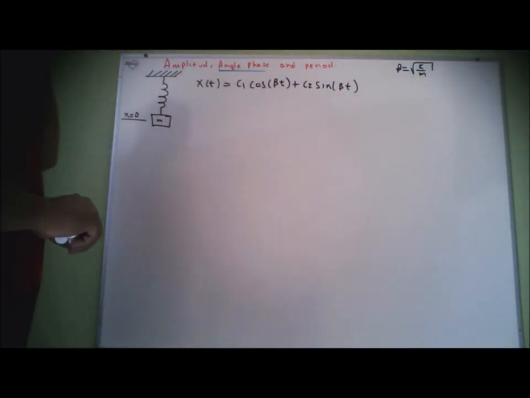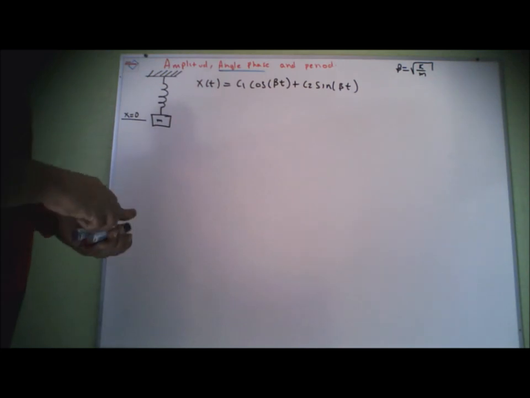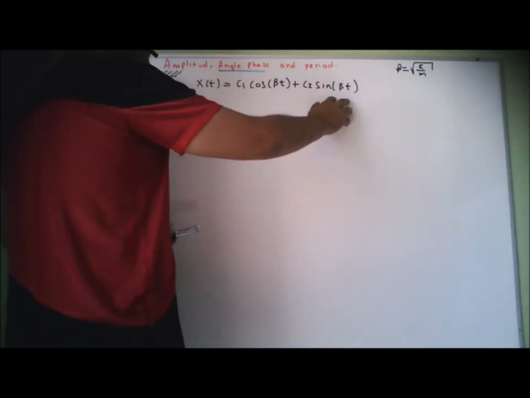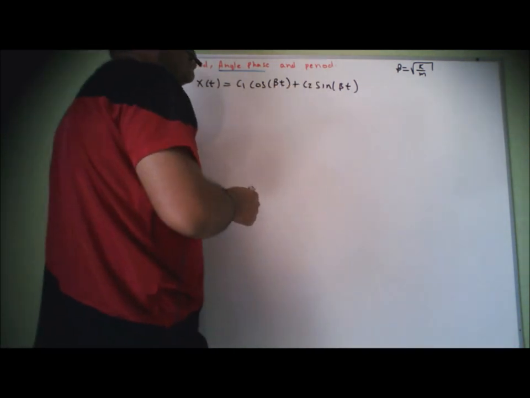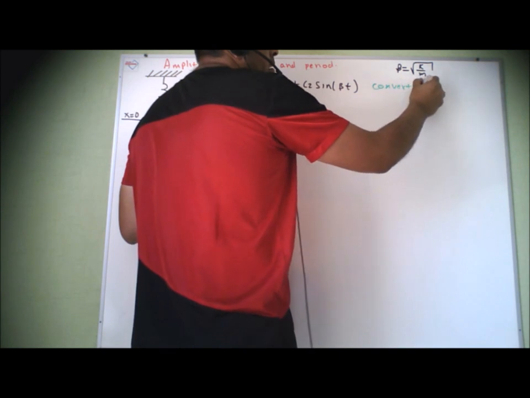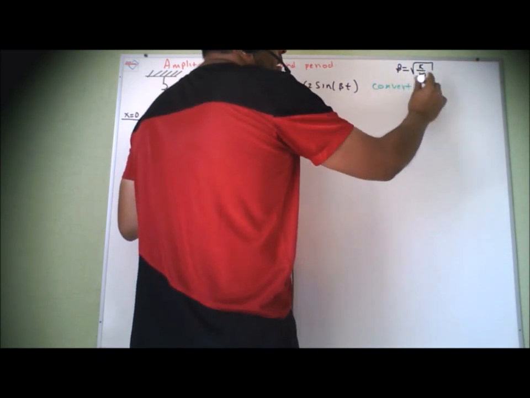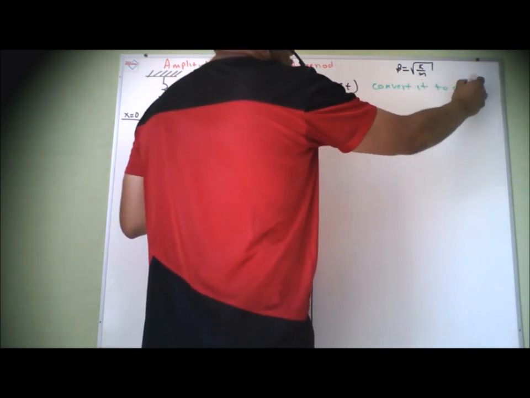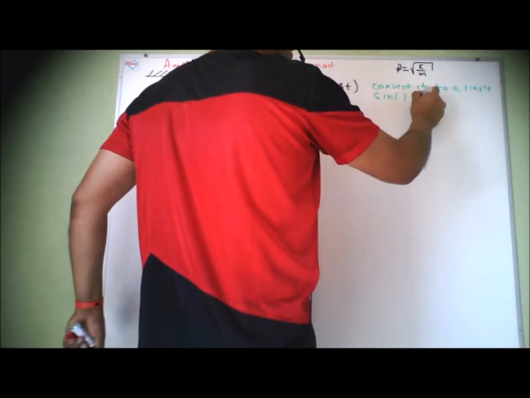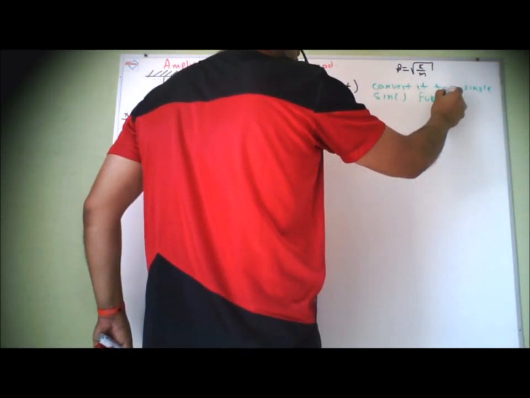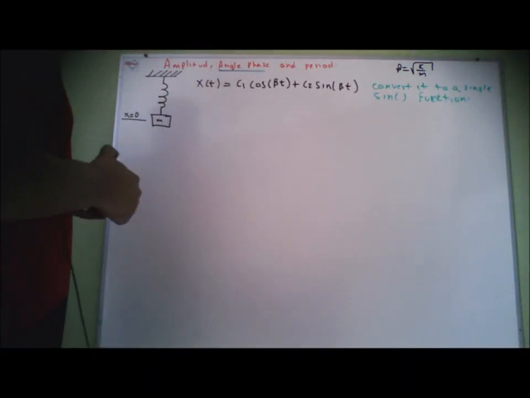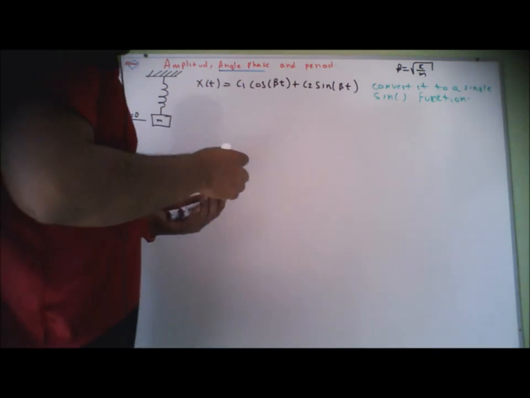What we have to do is transform this, instead of having two terms, the cosine and the sine, into a single sine function. How are we going to do that? I'm going to use a formula.